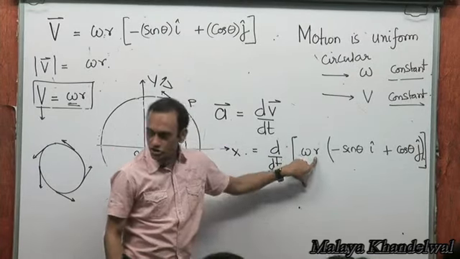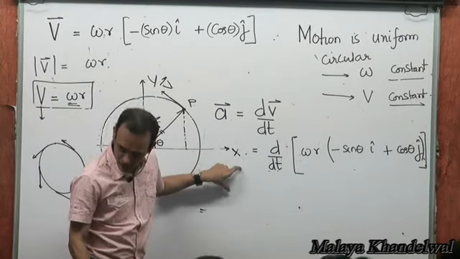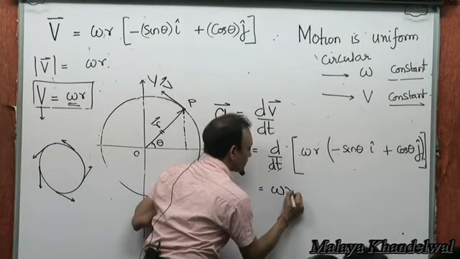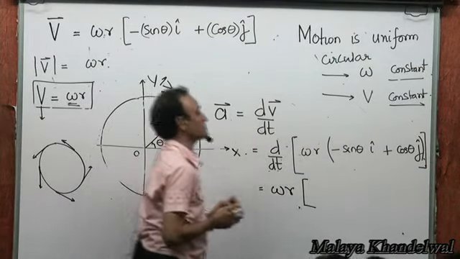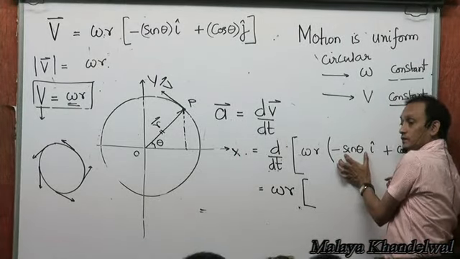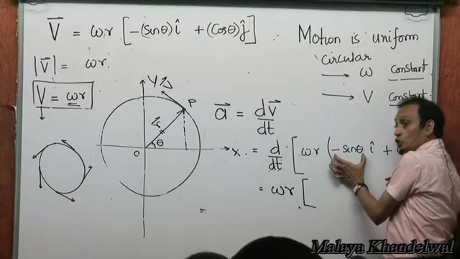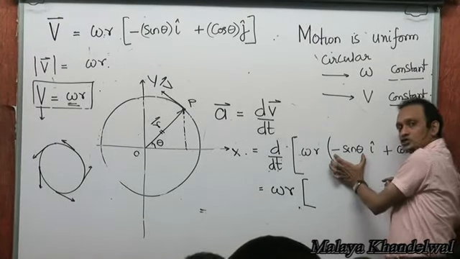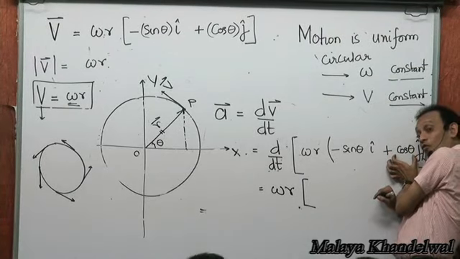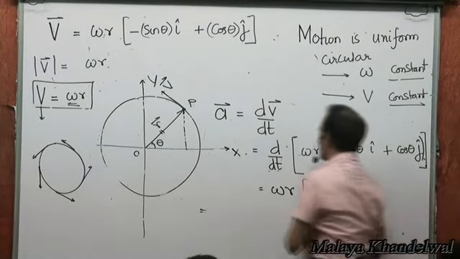R anyways is a constant, so R will come out of the derivative sign. So both omega and R will come out. Now, inside the parenthesis, d/dt of sine theta, how much will it be? This will be cos theta omega. Cos theta will become minus sine theta omega. Right?